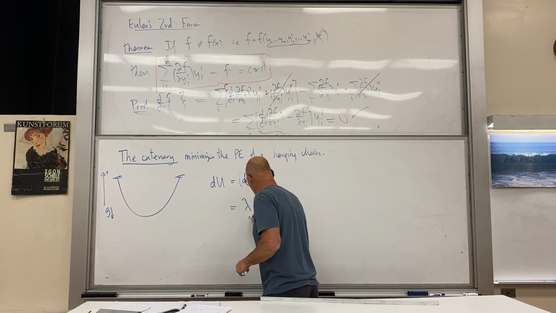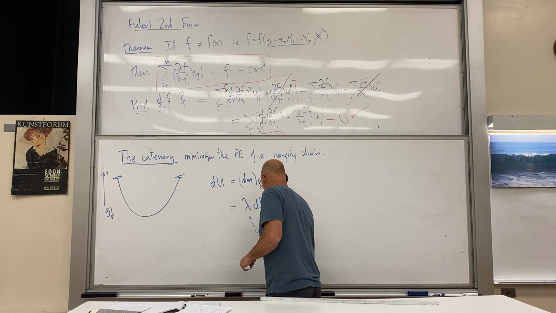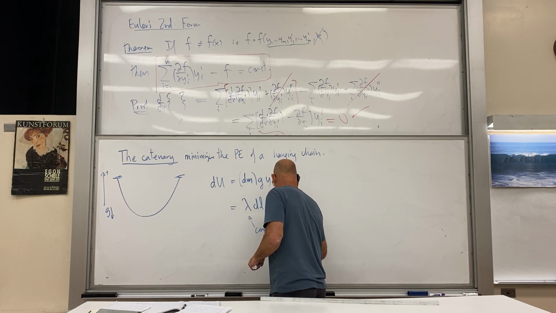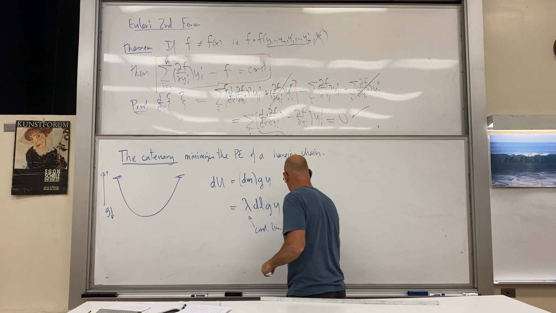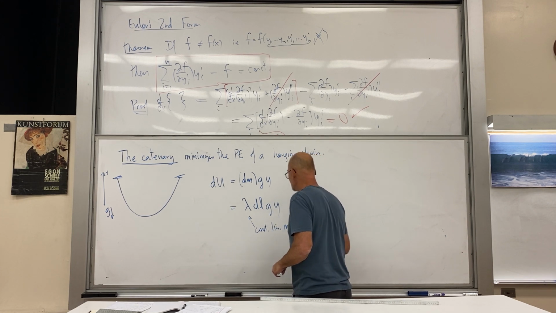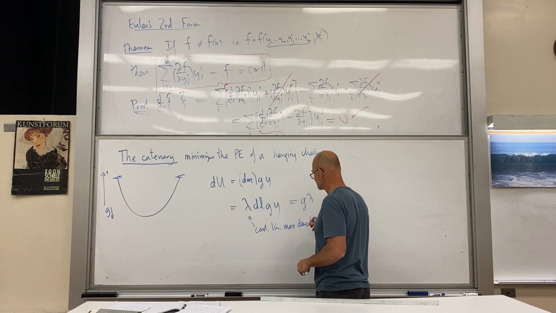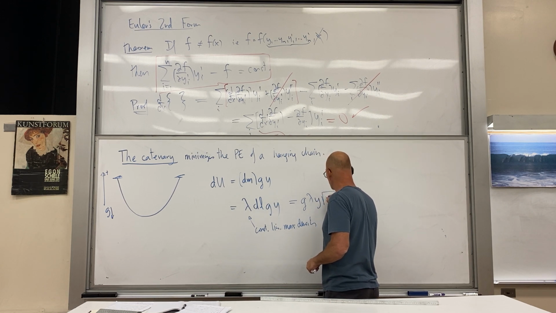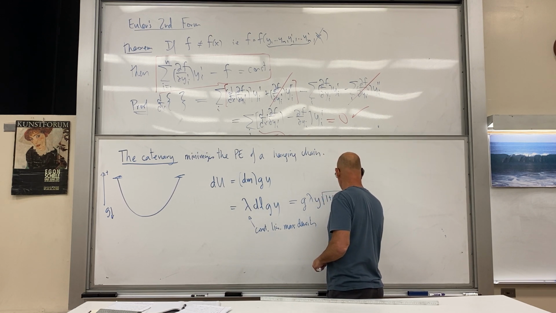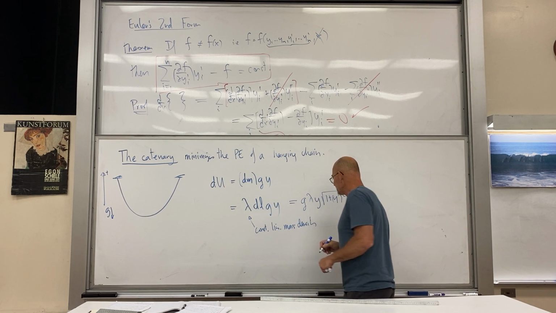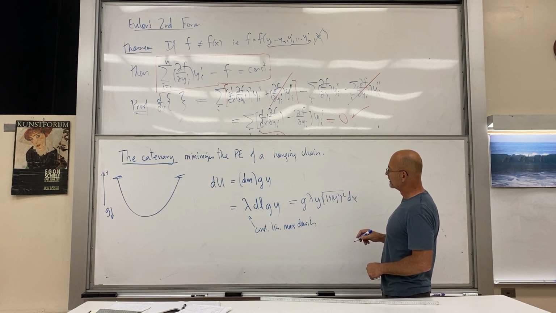So constant linear mass density, and because of that, g is a constant, lambda is a constant, and then we can have y dl, which is root 1 plus y prime squared dx. So there's our integral.